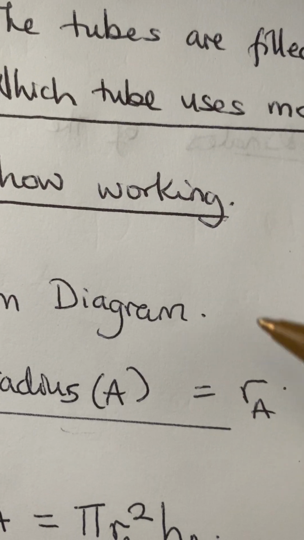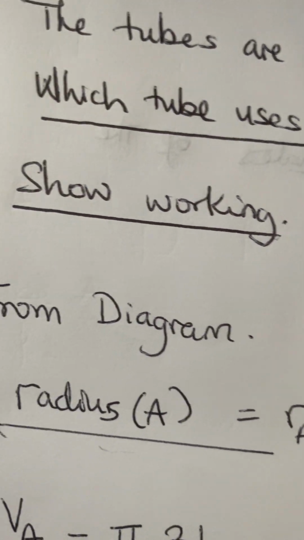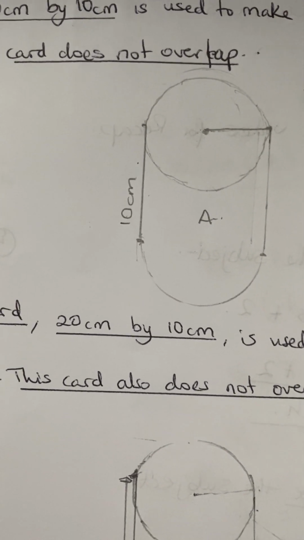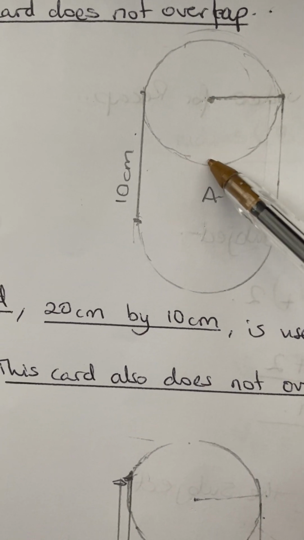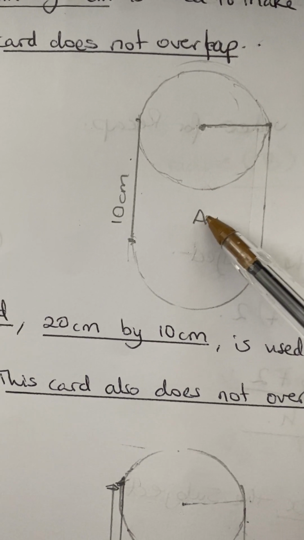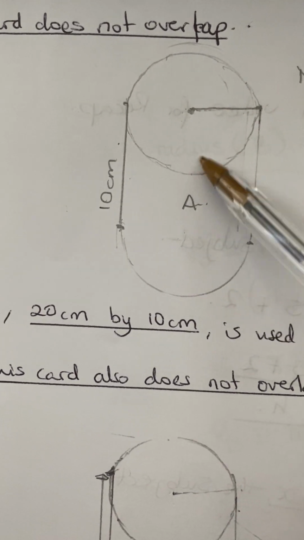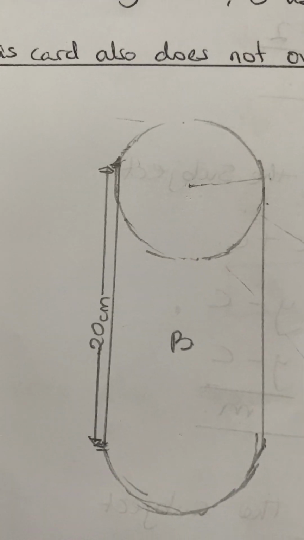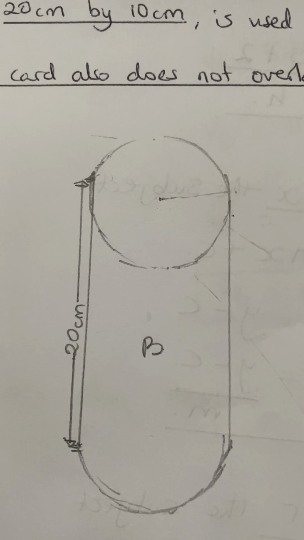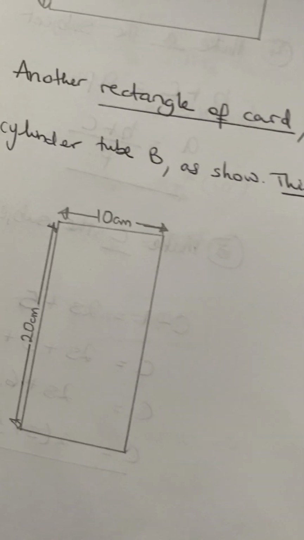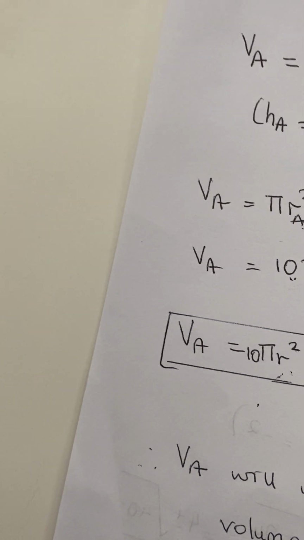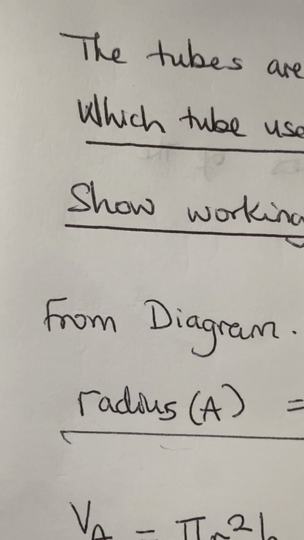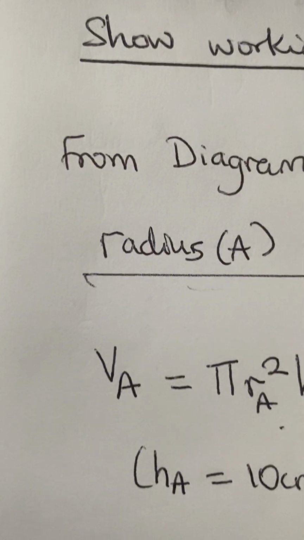And show working. So now, assuming you are working in the clay factory, you want to find out whether tube A, if you put your product in this shape or in that shape, which one is going to take more? Here you want to find out which one will use more clay, assuming you are selling them, and you should show working.